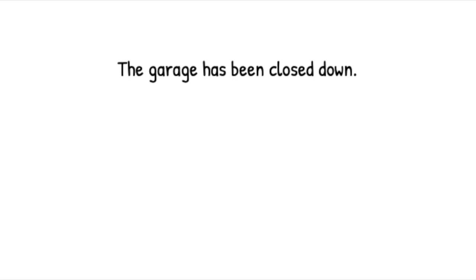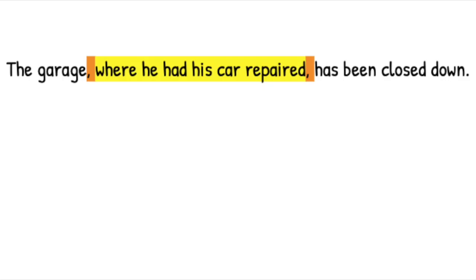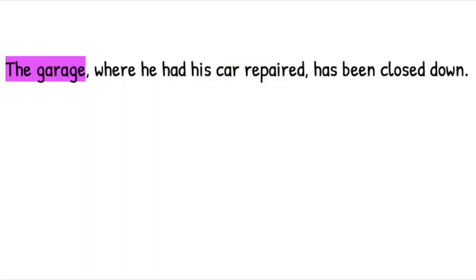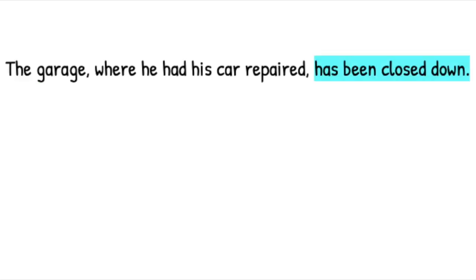Now this is made up of one clause, usually a noun or a pronoun, the verb and the object. Not always, but it does make sense on its own, and it has a capital letter and a full stop. I've highlighted the commas here in orange. These surround the relative clause, and then the final part of the sentence adds some detail to the opening noun, the garage. It closes off, has been closed down.